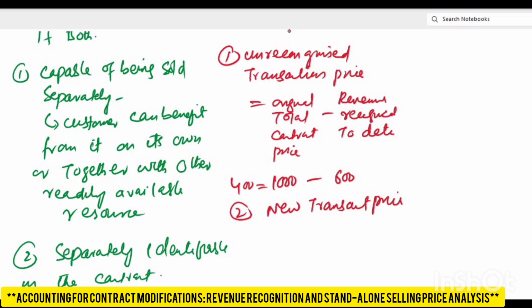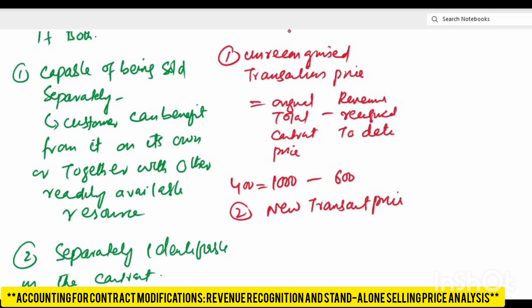You have to add the unrecognized transaction price with the additional consideration from the modified contract. So this is actually the accounting step that you have to follow.